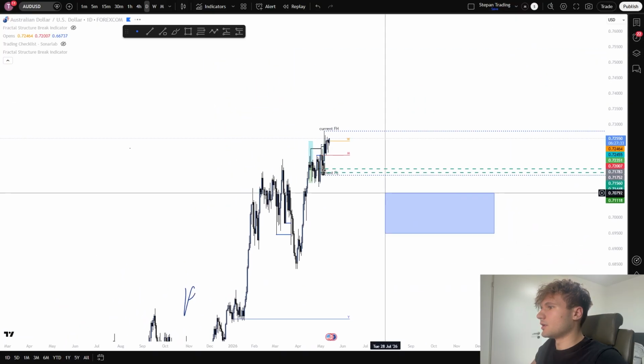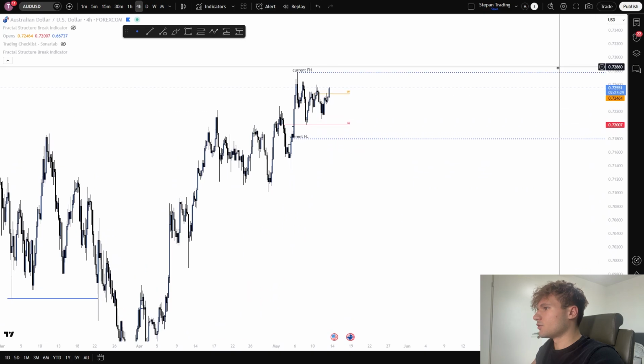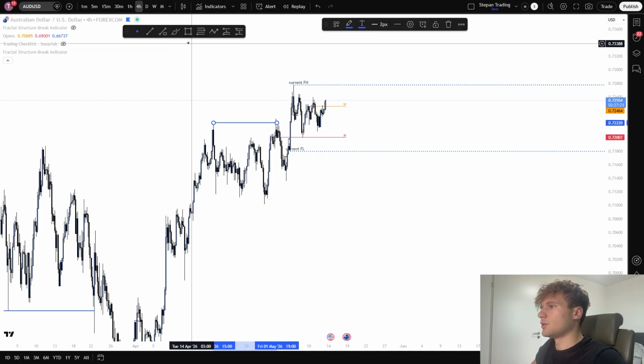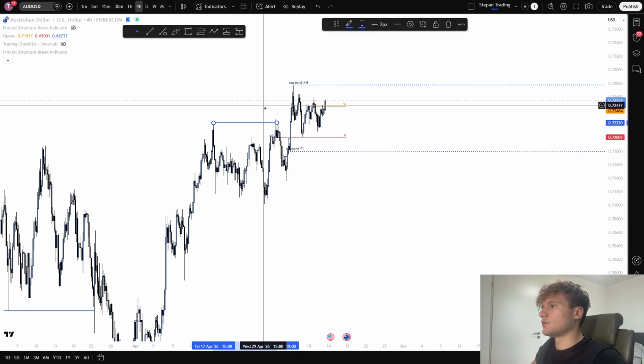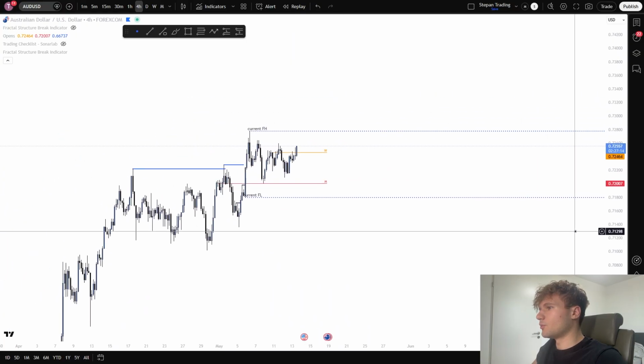Then looking at AUD USD, we are trending towards the upside. Here is the break of structure up, and this is the second break of structure up right here. So we are bullish.